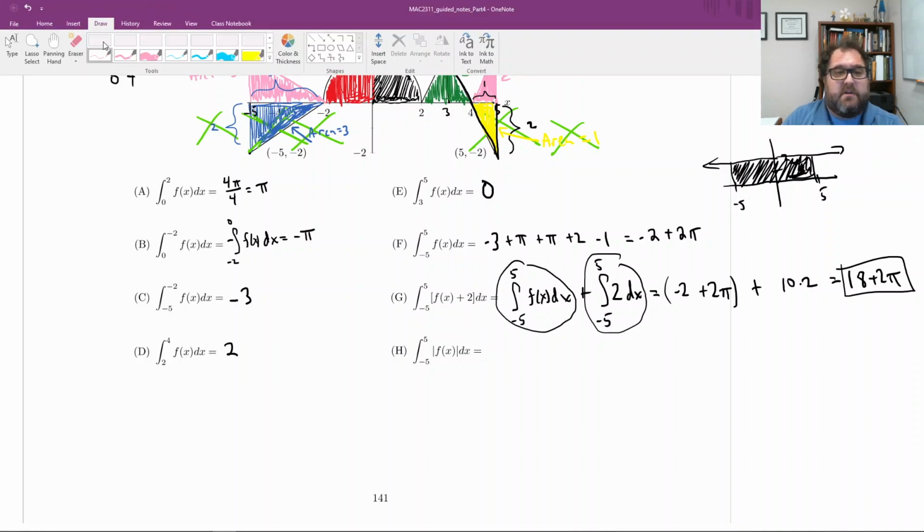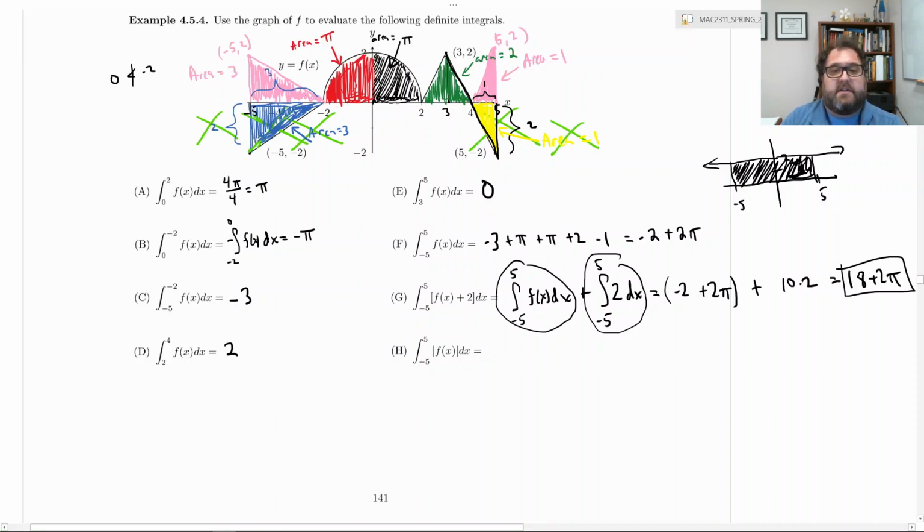So now we can simply write the sum of those regions. And so we have what? The first one is 3. The red region was pi. The black region was pi. The green triangle was 2. And the pink smaller triangle was 1.